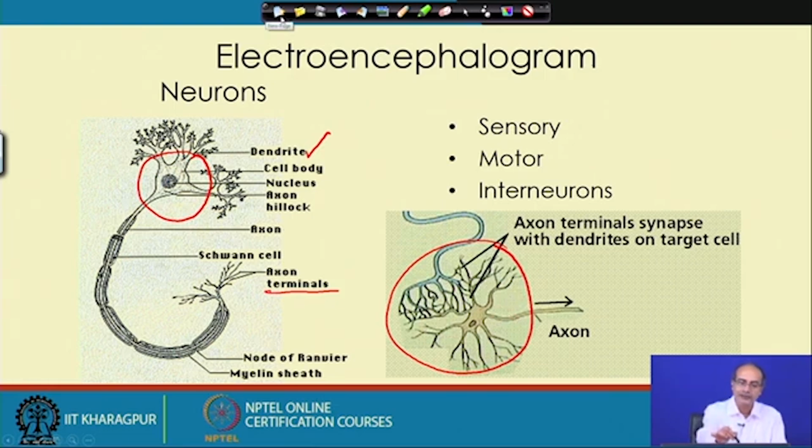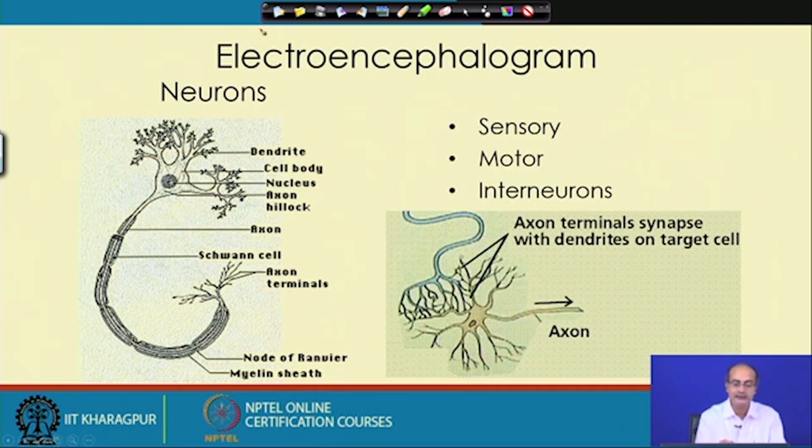And here there are a few more peculiarities of the neuron that we should look at. Like any other animal cell, it has a nucleus in the cell body, but apart from that, if we look at the construction of the axon, it is covered with a lipid layer, and this lipid layer acts as insulation. So, wherever the lipid layer is there, there would not be any electrical activity.